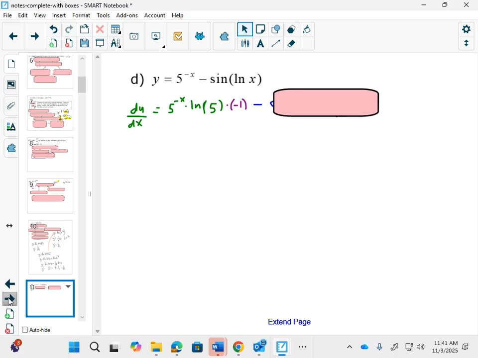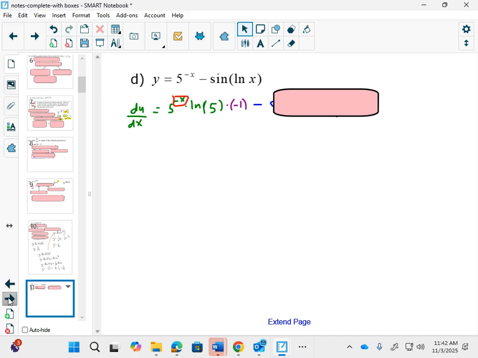Derivative of the outside function, keeping the inside the same. Where's my inside? It's in this red box. I kept it the same. The derivative of 5 to the x is 5 to the x natural log of 5. If I kept the inside the same, I have 5 to the negative x natural log of 5, multiplied by the derivative of the inside, which is just a minus 1. Second one, ln x is inside of sine.